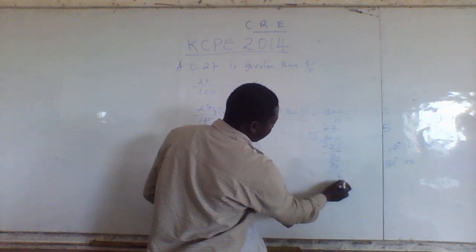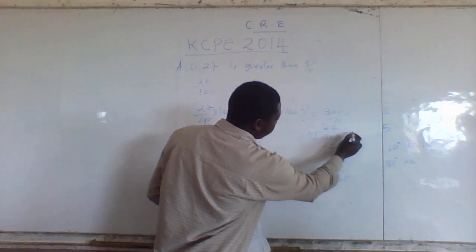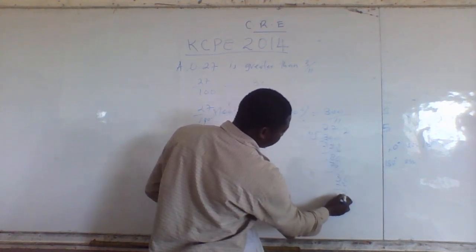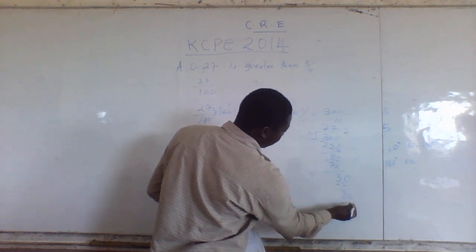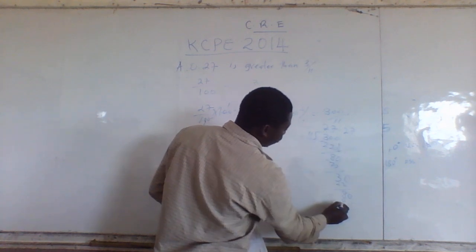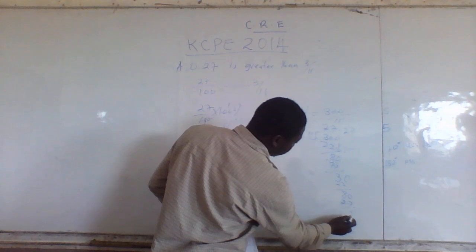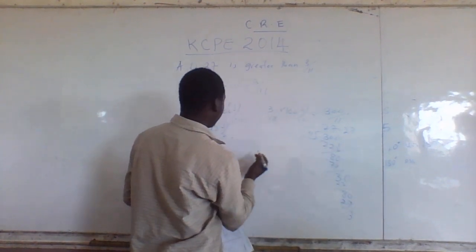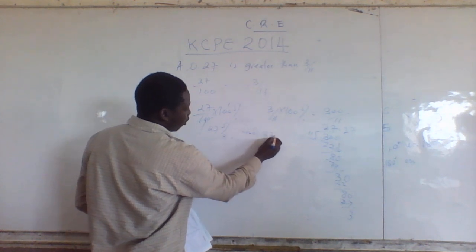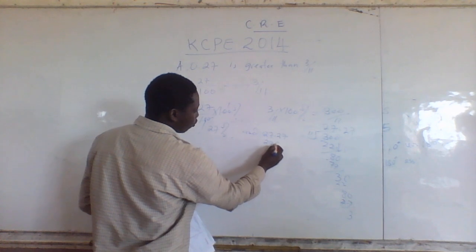Take a decimal point and add a 0. 11 to 30 is 2, which is 22. 8, you add a 0 because you have taken a decimal point again. 11 to 80 is 7, which is 77. So we have two decimal places. So we compare 27 and 27.27, or to one decimal place, 27.3.